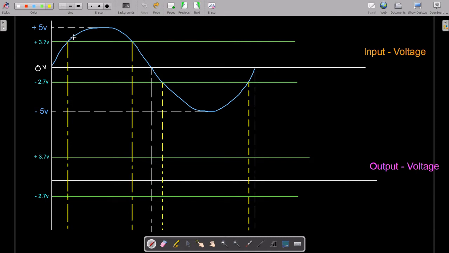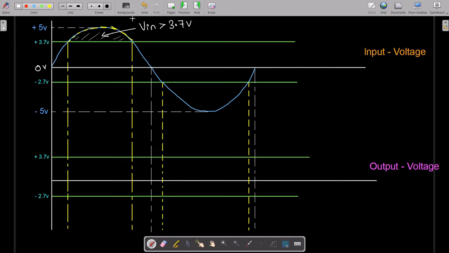The very first part is where the input voltage is greater than 3.7 volts. I'm talking about this particular area. Let me draw it with yellow dotted lines so that you can easily see it, and shade this area.